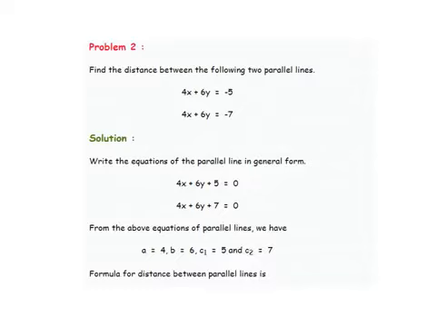From the above equations of parallel lines, we have a equals 4, b equals 6, c1 equals 5 and c2 equals 7. Using the formula for the distance between these parallel lines in order to find out the distance, which is the shortest perpendicular distance between the given parallel lines.